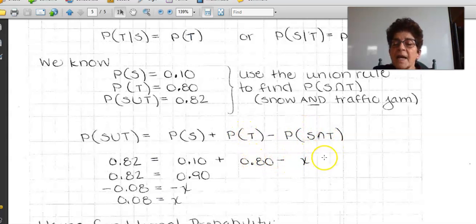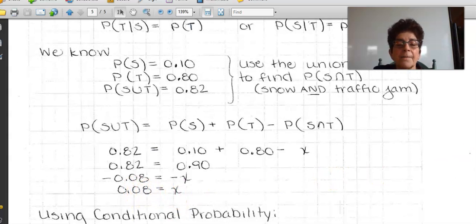And I'm using X to represent this unknown probability of a traffic jam and snow occurring together. These two probabilities add up to 0.9. If I subtract 0.9 from both sides, I get negative 0.08 equals negative X, or 0.08 equals X. This is the probability of snow and a traffic jam occurring together.